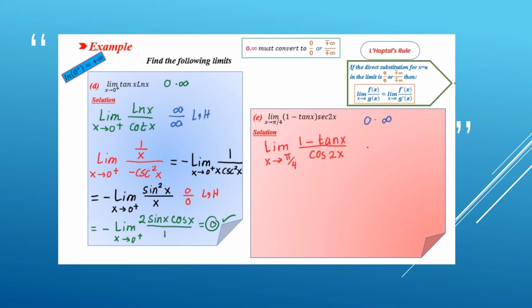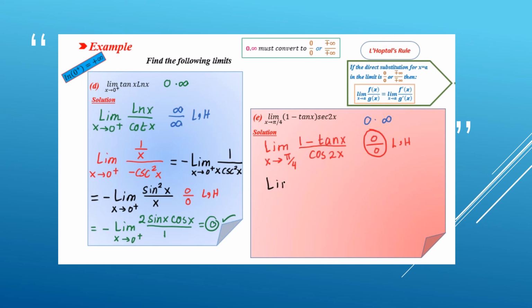And as you know, you have to substitute here, and tan pi over 4 equals 1, 1 minus 1 is 0, divided by 2 times pi over 4, which is pi over 2, and cosine pi over 2 equals 0. We have the form where we can apply L'Hopital's rule directly.